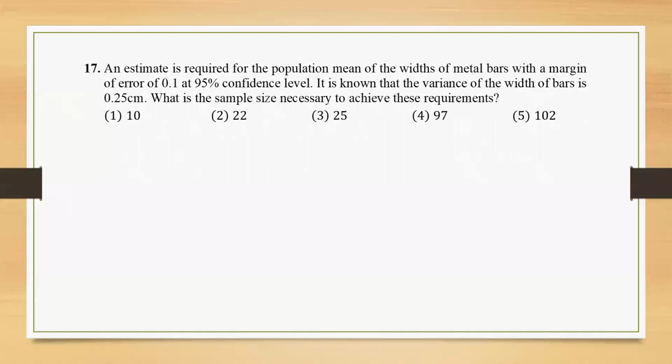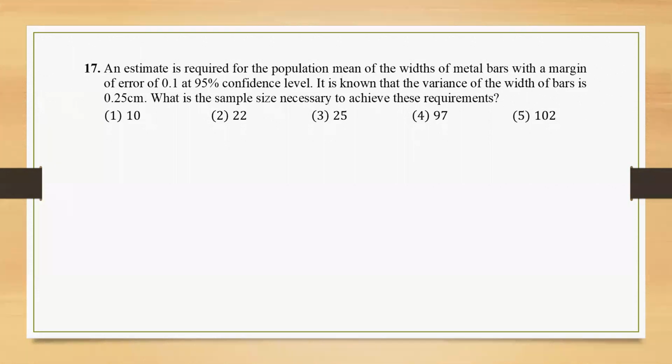Right. So now we need to do some calculations, right? In the 70th question, we have to do some calculations. So let's first read the question. An estimate is required for the population mean of the width of metal bars with a margin of error of 0.1 at 95% confidence level, right?